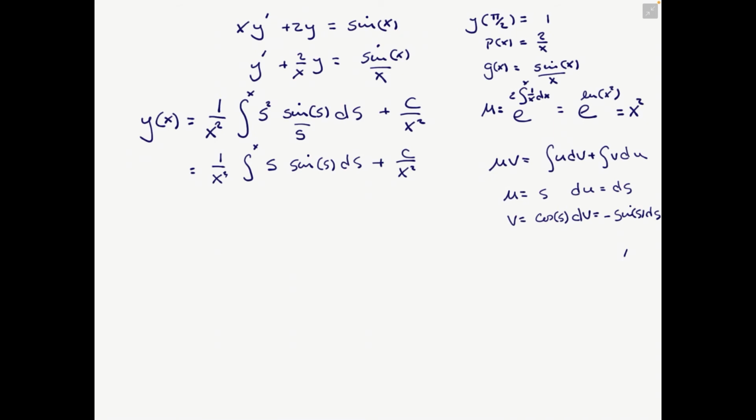So we got s cos s equals minus the integral of s sine s ds plus, minus, let's see, this is u dv, v du.